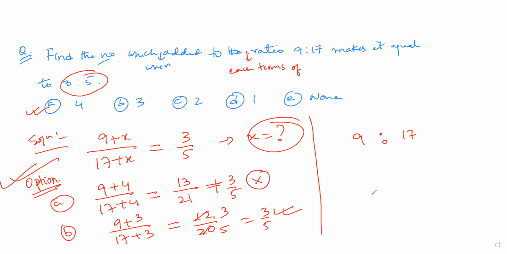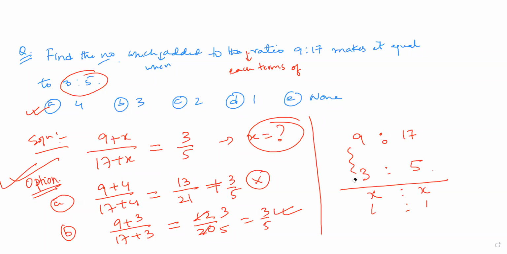Now the other method. Initial ratio is 9:17. New ratio is 3:5. See, the difference is x and x. But when the numbers are 8 apart, the ratio is going to be 1:1.